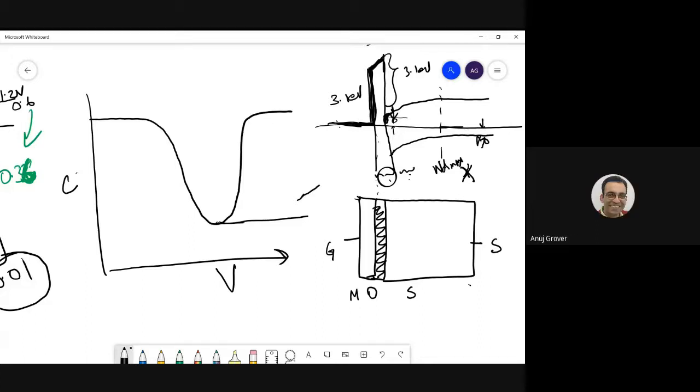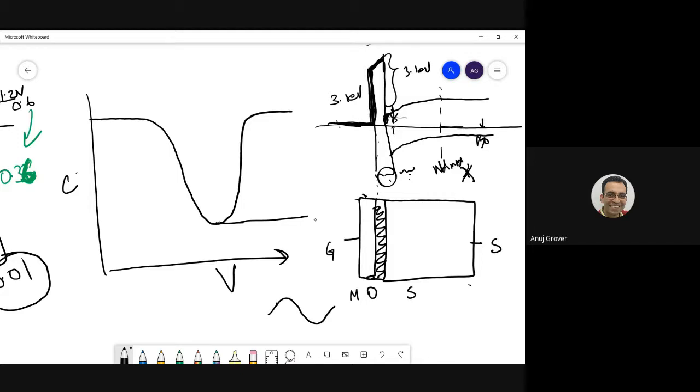Okay. So I changed the gate voltage very, very slowly, like a very slow frequency. Let me show it as a proper sinusoid. Let us say this is a very slow sinusoid. So the gate had a very slow sinusoid.